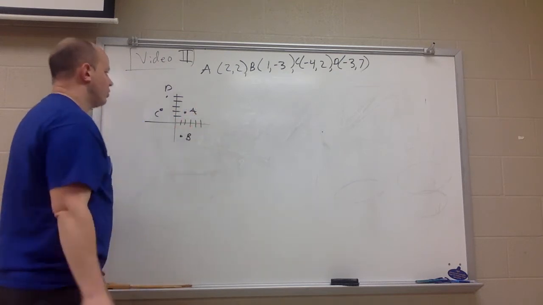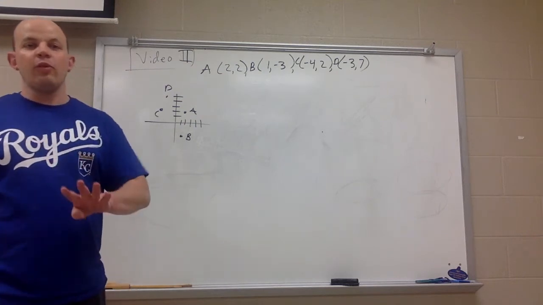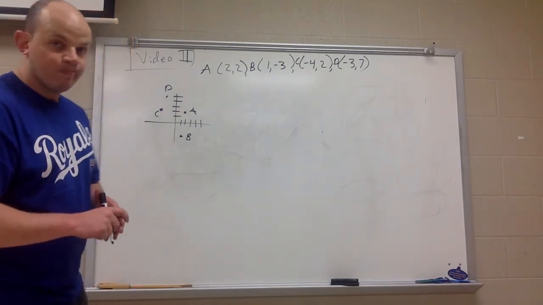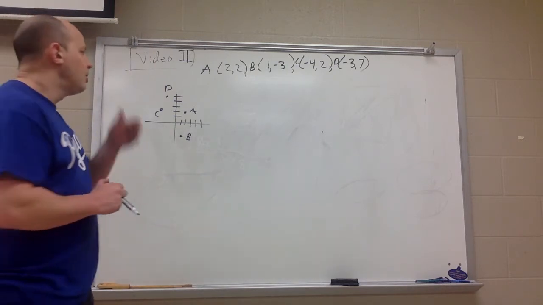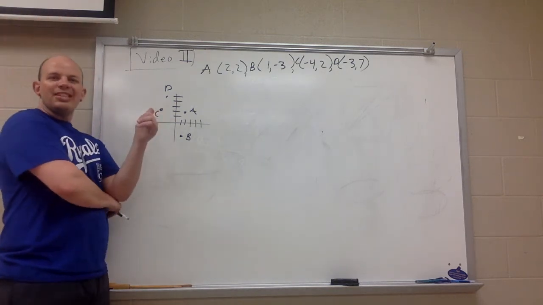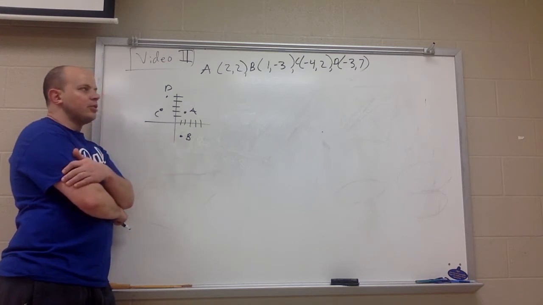Okay? So, there's several ways to do it. Some people are going to tell you you have to do 4 calculations. You really only have to do 2. What do I mean? If you find the midpoints from both and it's the exact same, it works. There's lots of things you can do.